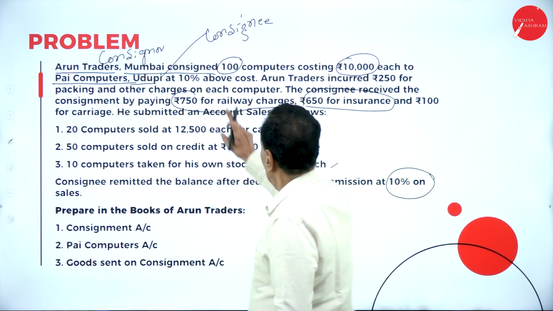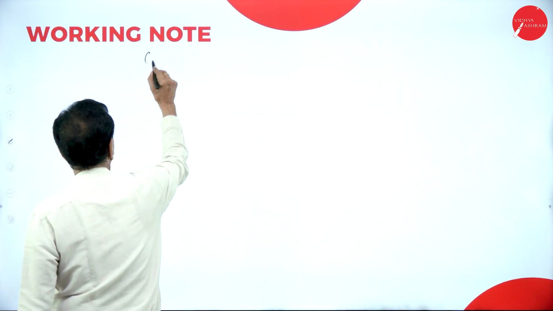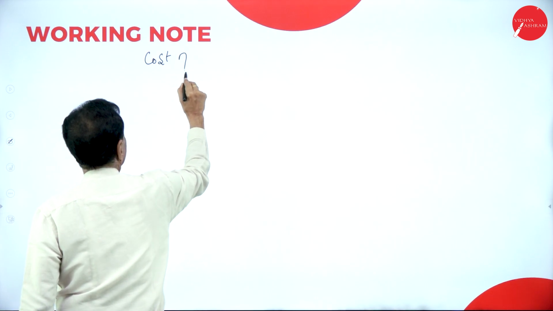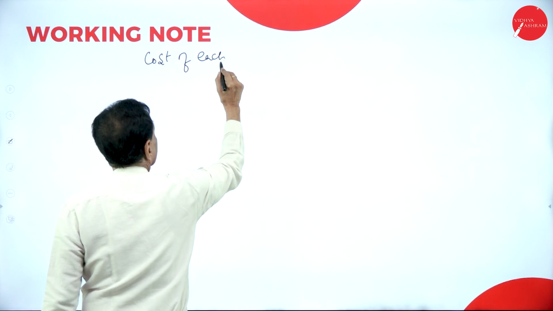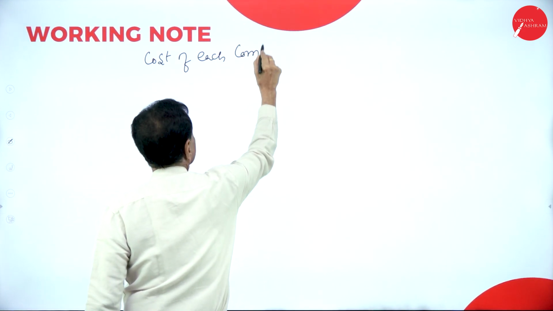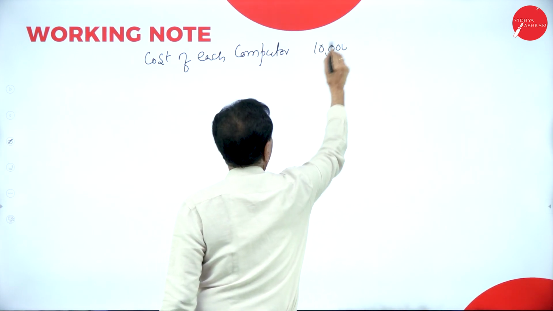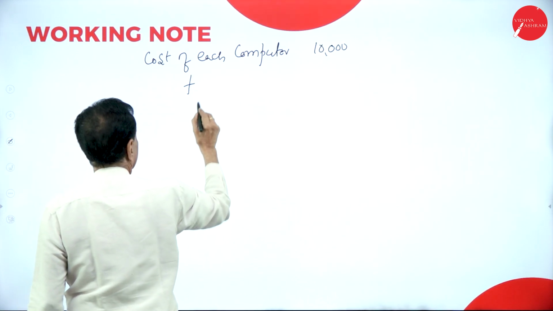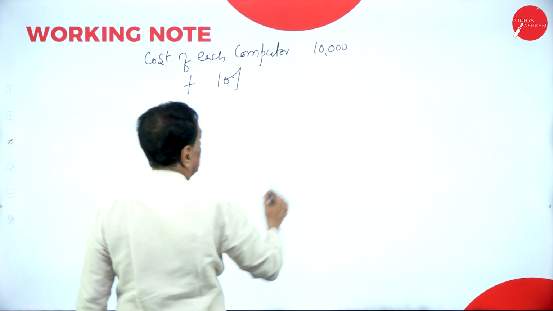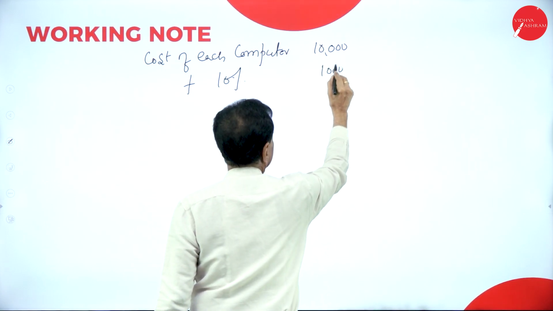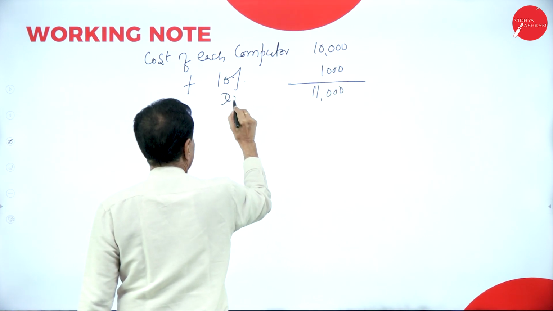Now, how many goods are consigned? 100. What is the cost of each computer? Cost of each computer, add 10%, 1,000, it becomes 11,000 invoice price.